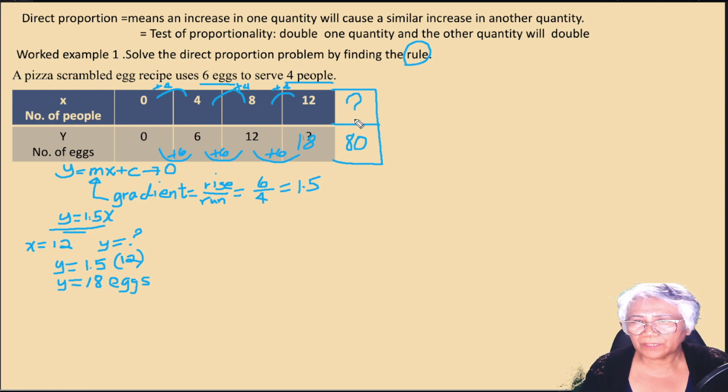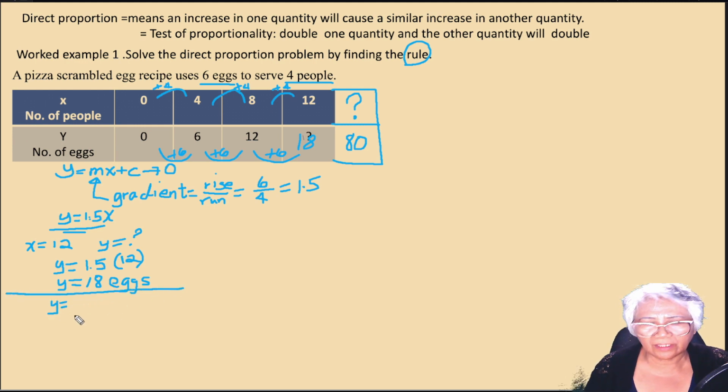How many people can be served by that? So here we're going to use the rule again. Let me just put a line in there to indicate that we're doing another problem. So y equals 1.5x.